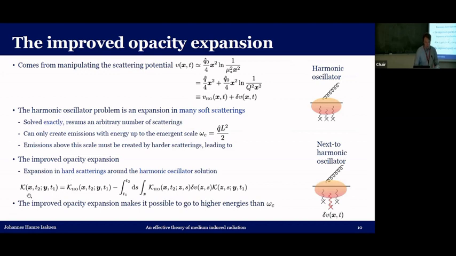So now this K, where here you used to have the vacuum, now you have the harmonic oscillator solution, and then you have this delta V, which includes harder scatterings. So with the improved opacity expansion, you can go to even higher energies than omega c, and you can see it on the side here. I don't know if you can see it, but you have soft scatterings, then you have one hard scattering, basically.